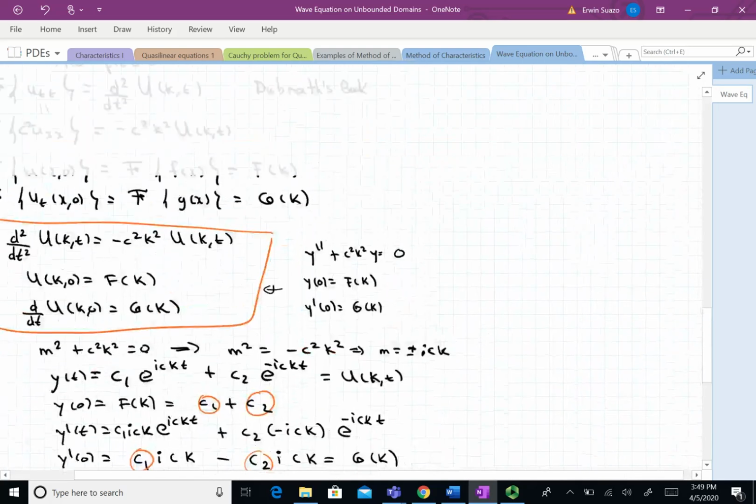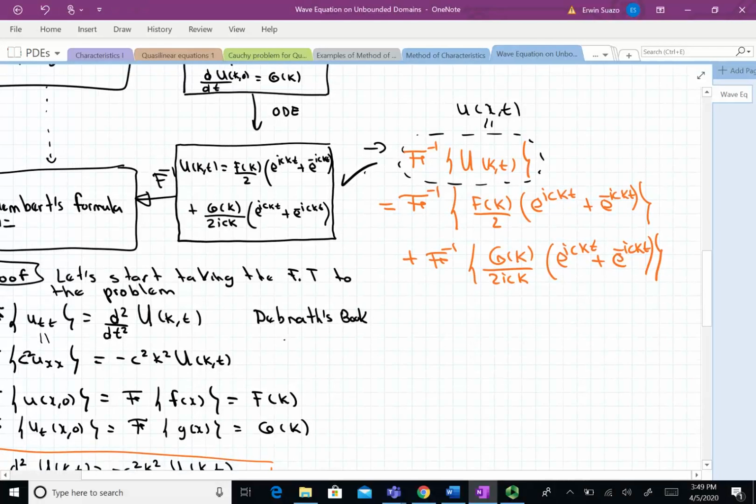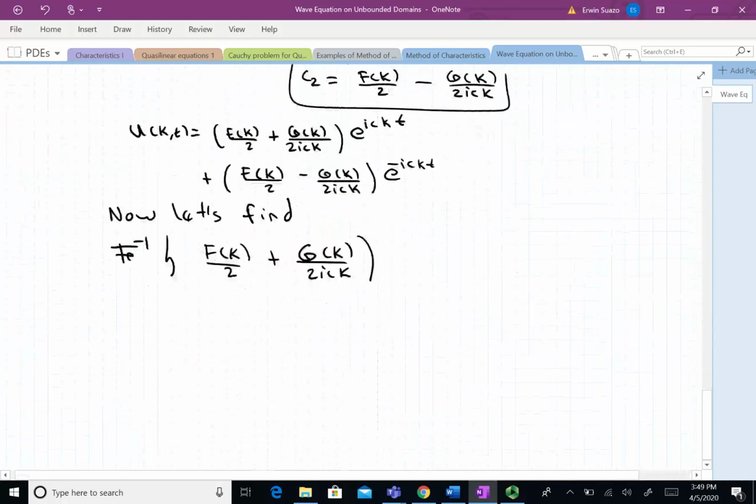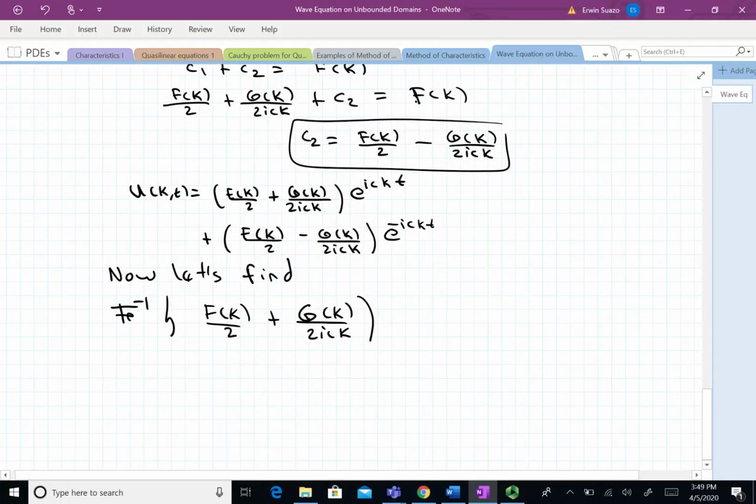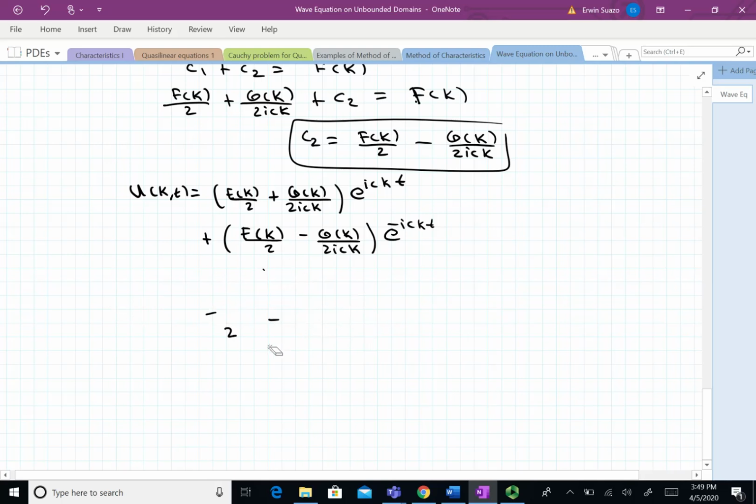The idea is that this f(k) should look like that, but right now it doesn't. Right now I have everything mixed. So I need to put f's with f's and g's with g's.